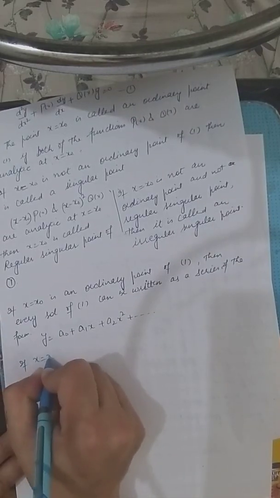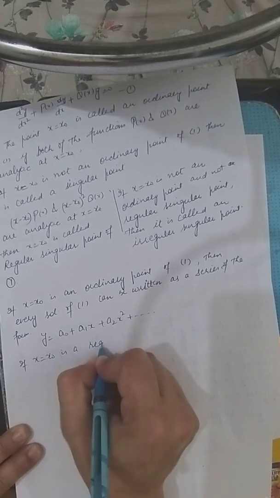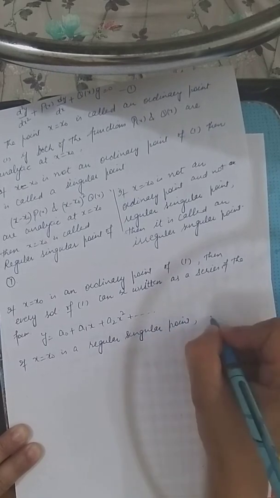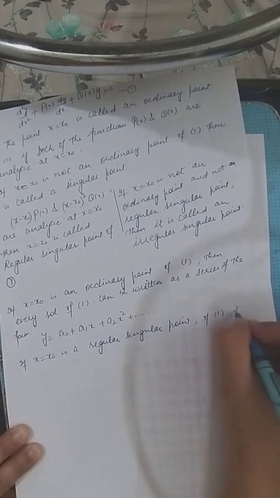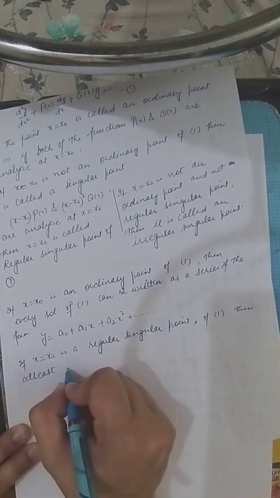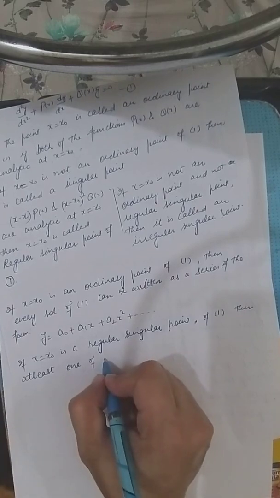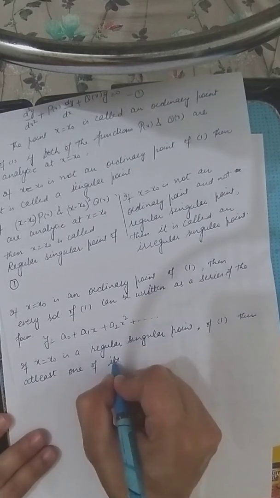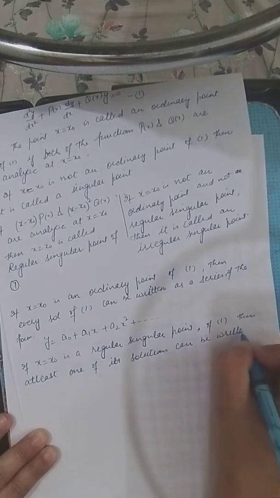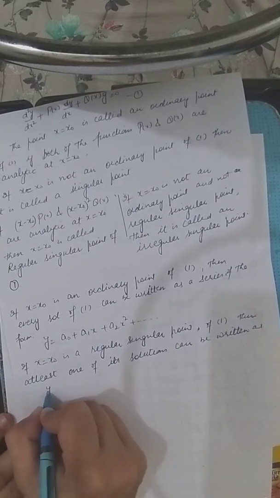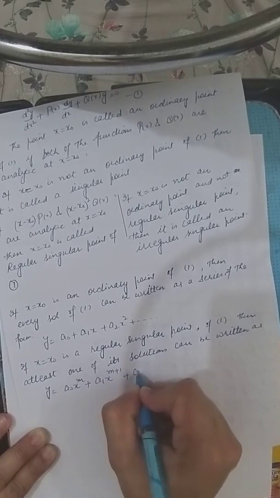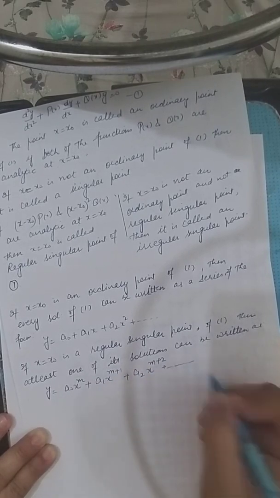And if x equal to x0 is a regular singular point of 1, then at least one of its solutions can be written as y equal to a0 x power m plus a1 x power m plus 1 plus a2 x power m plus 2, so on.